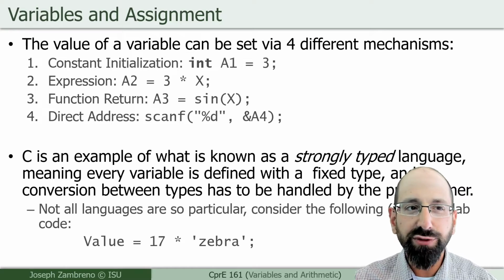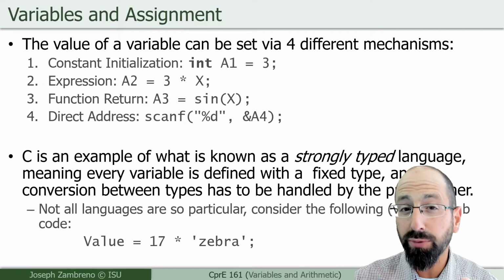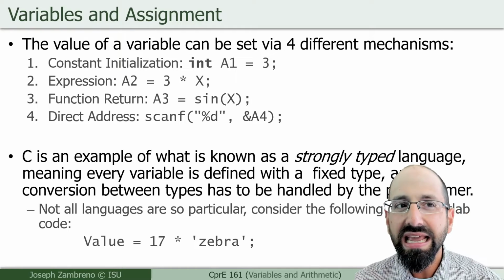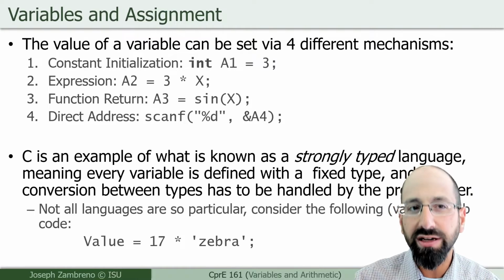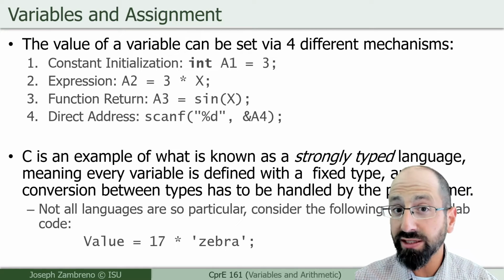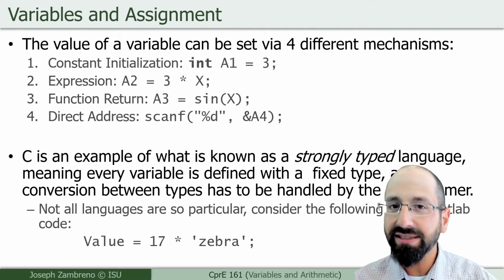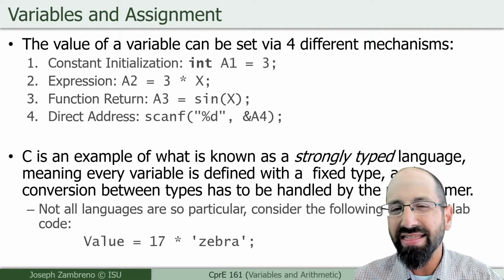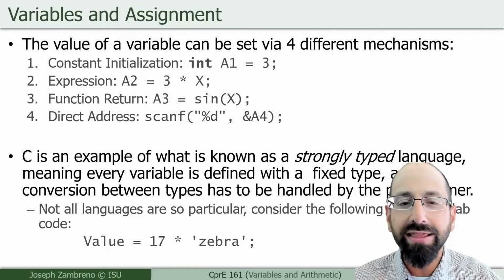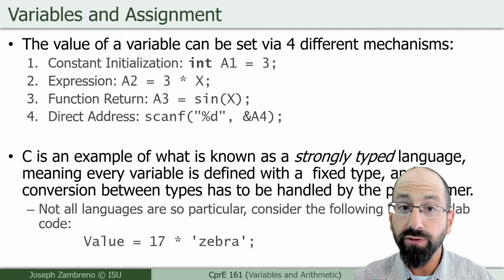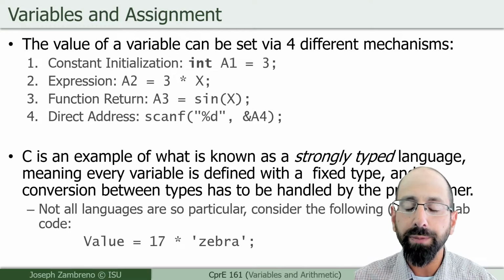And then finally, case 4, which we will use for this specific purpose early on, but really only start to understand later on in the course, is we can pass a direct address to a function. So we use that ampersand symbol to specify I'm passing the address of this variable, the actual address in memory where that variable is going to be stored, and then this particular function is going to overwrite that location in memory. That's the direct addressing way of updating a value of a variable.